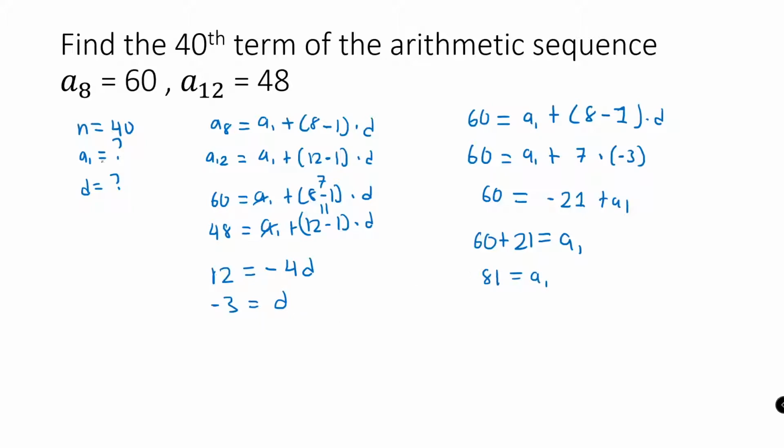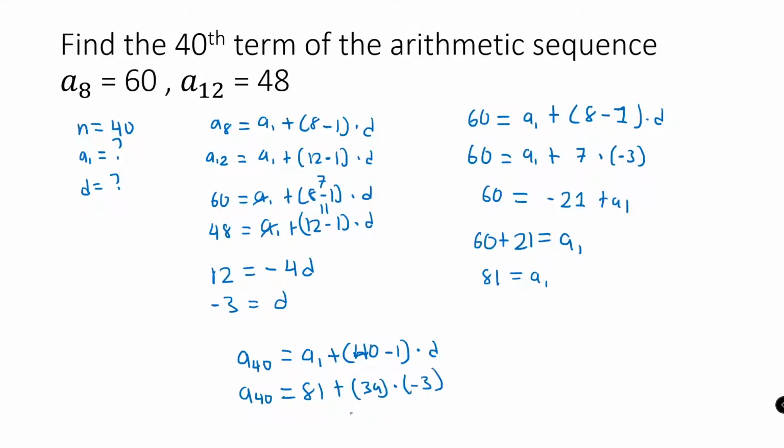Okay, so now we know everything. Now we just plug in A40 is equal to A1 plus, sorry, this was supposed to be 40 minus 1 times D. We just plug in everything that we know, which is for A40 is equal to 81 plus 39 times negative 3.